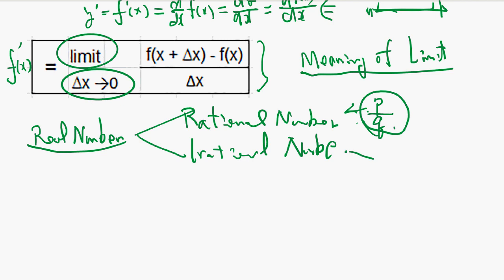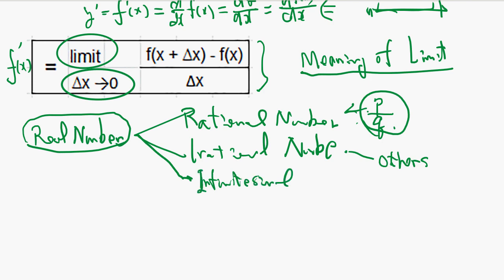And an irrational number is everything else. The secret is there is another kind of number. Well, it's not an imaginary number. Okay, imaginary numbers are outside of real numbers. Another kind of number is called an infinitesimal number.